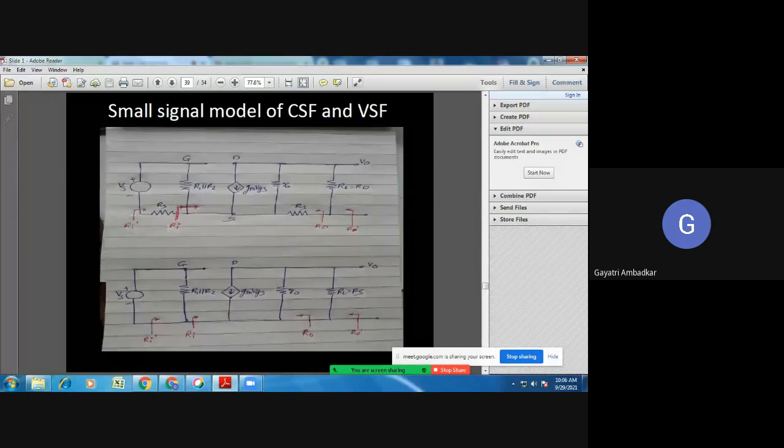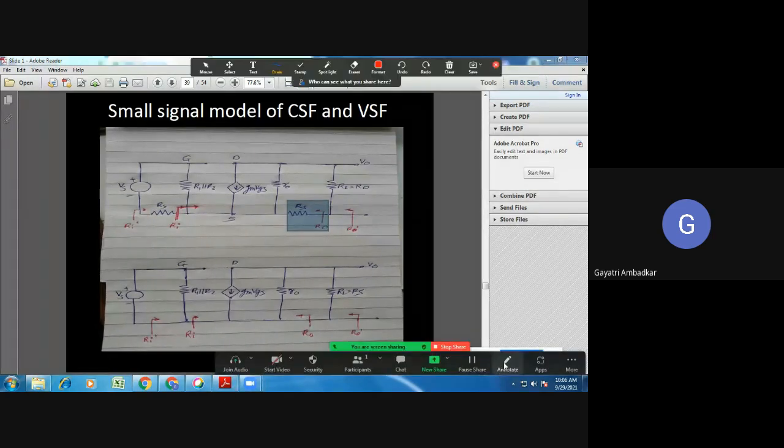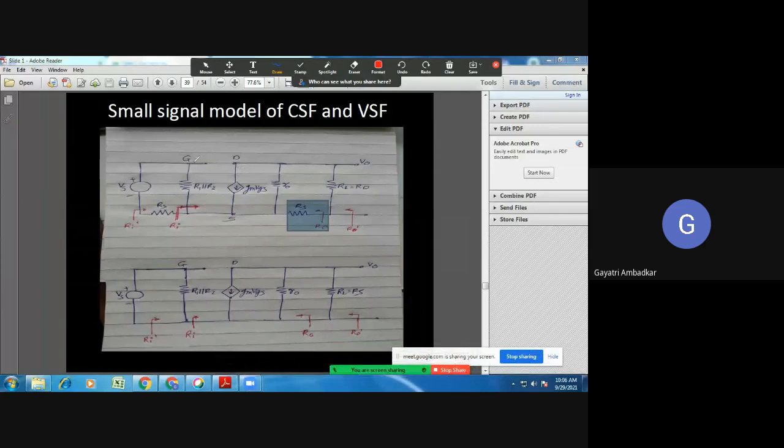You can see RS is present here. This much part is the small signal model of a MOSFET. Here we represent an open circuit.